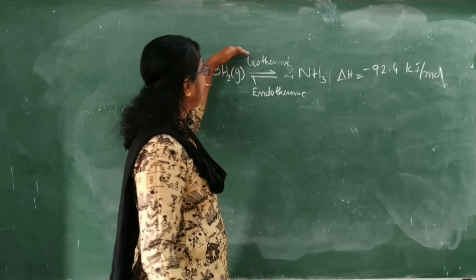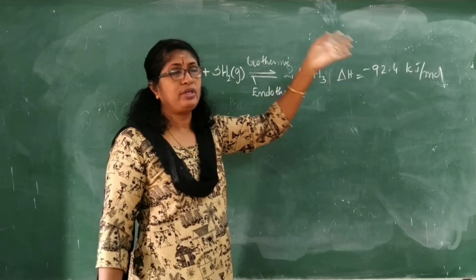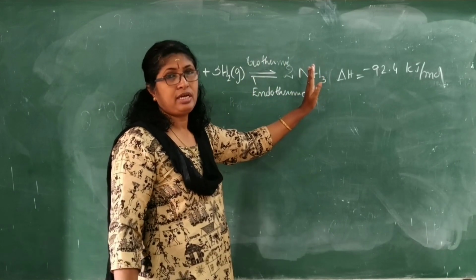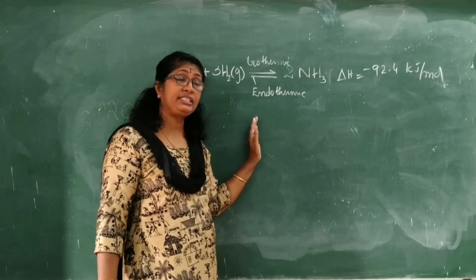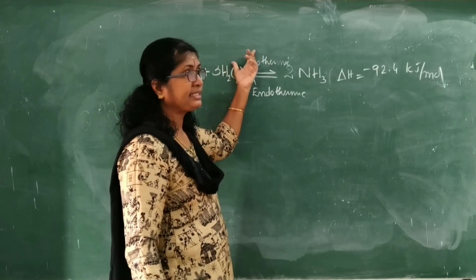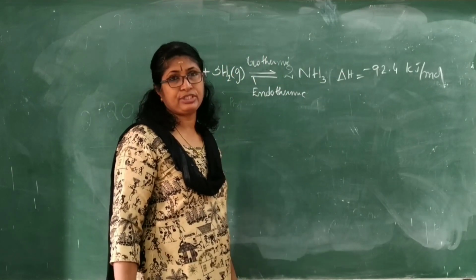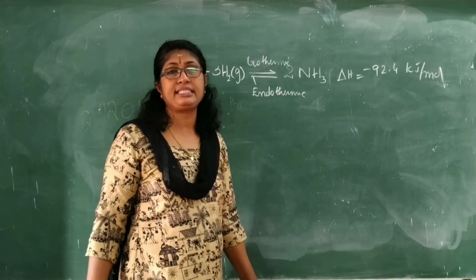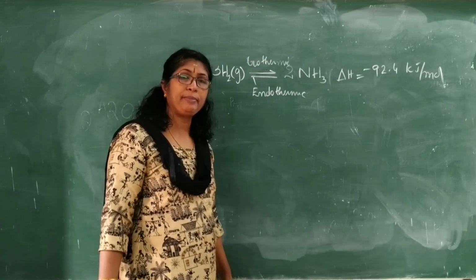To increase the temperature, the heat energy must be evolved. How to evolve the heat energy? By the forward reaction. Understood? So a high temperature will favor the backward reaction and a low temperature will favor the forward reaction. So this is the effect of temperature in this equilibrium. In a different equilibrium it will be different.